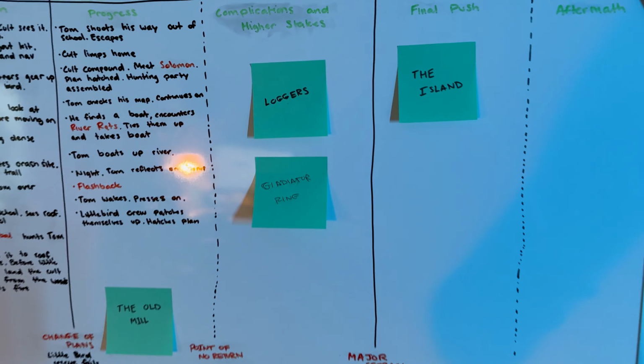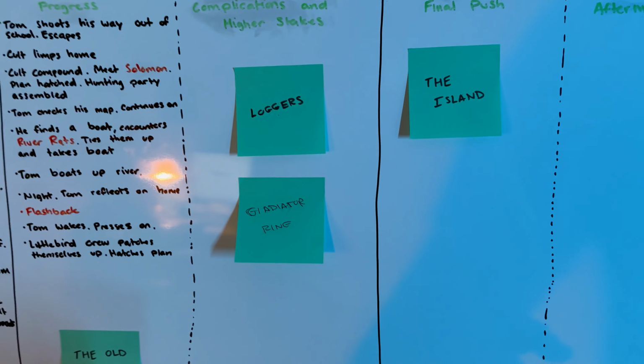The major setback kicks us off into Act 3. They hit rock bottom here, whatever that looks like for you, and Act 3 is broken up into the final push, the climax, and the aftermath.